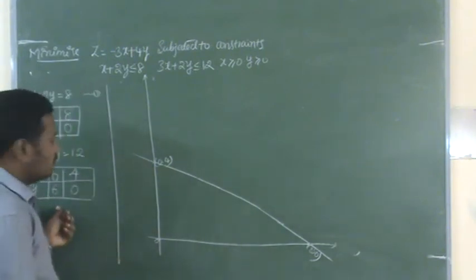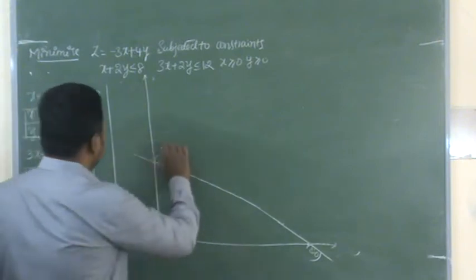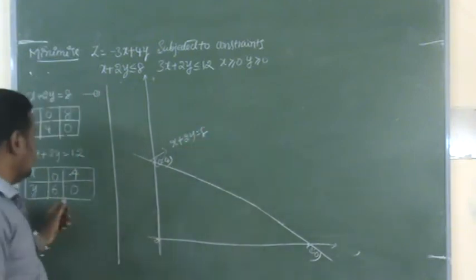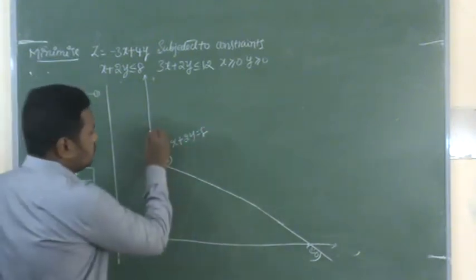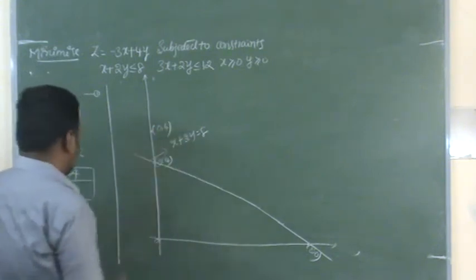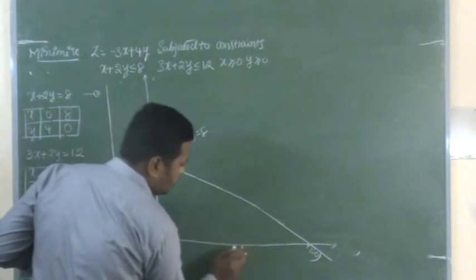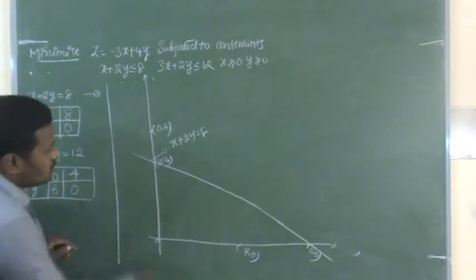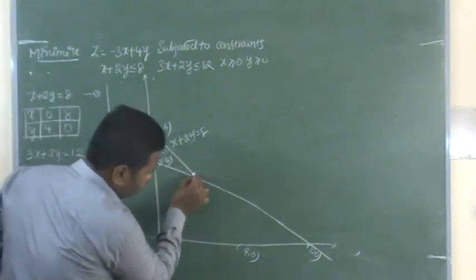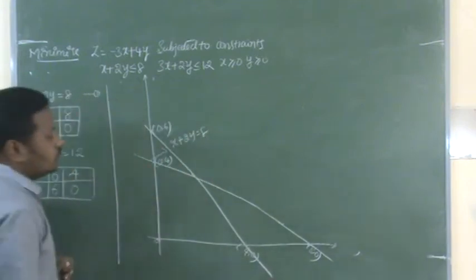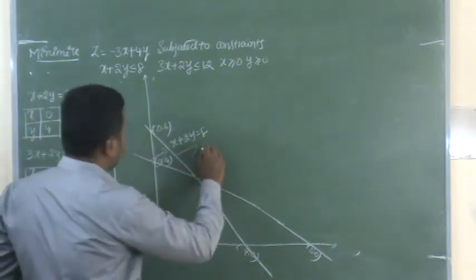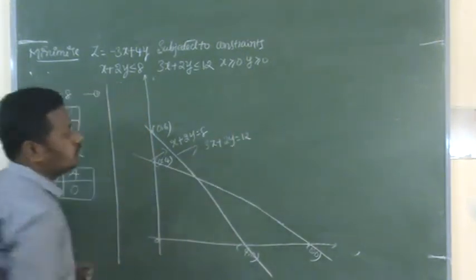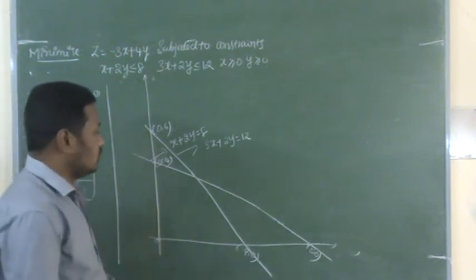For the second line, x is 0, y is 6, so this is 0 comma 6 and 4 comma 0. This is the line 3x plus 2y is equal to 12.